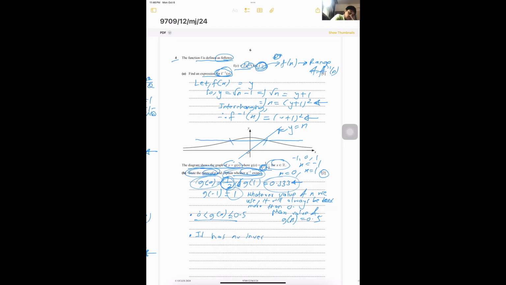So it has no inverse, as it is not a one-one function. Means one value of x can have more than one value of y, right? It's not a one-one function.